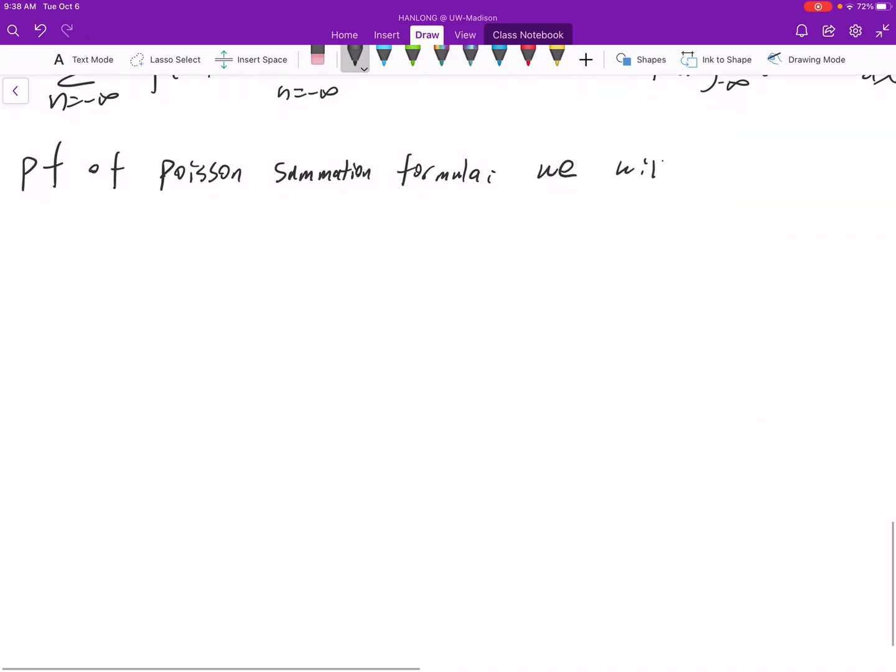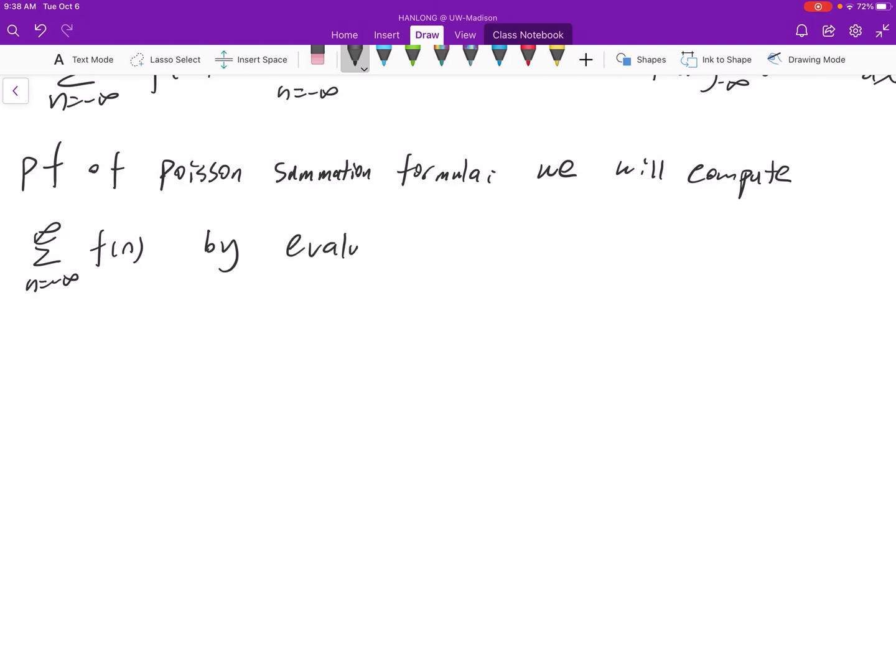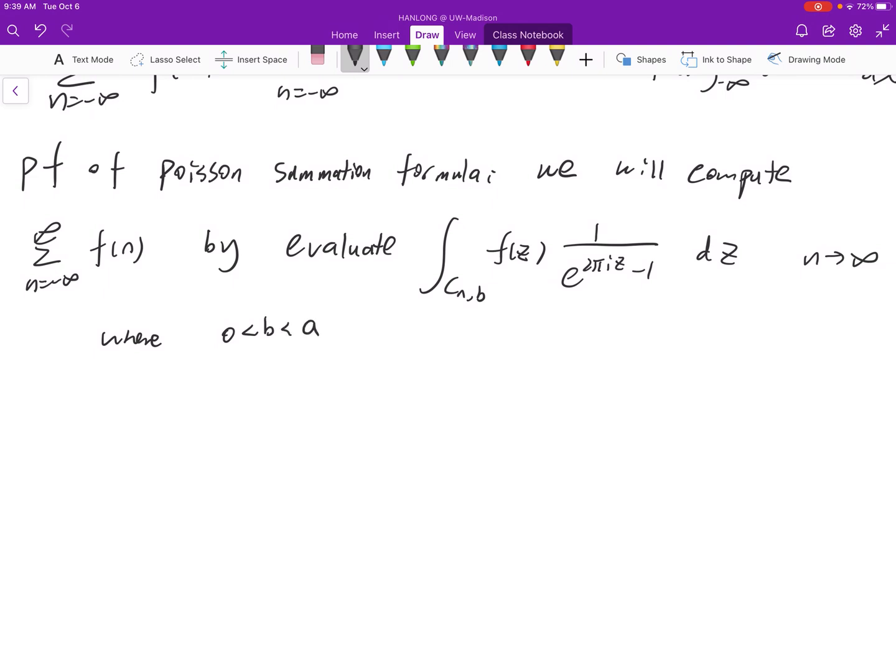So we will compute this summation by evaluating a contour integral of f(z) over exponential 2 pi i z minus 1 dz, and let n go to infinity, where b is less than a, greater than 0, and for all f in the family.